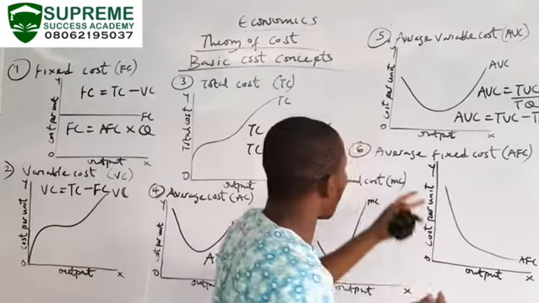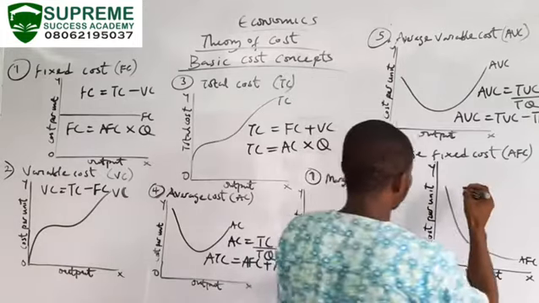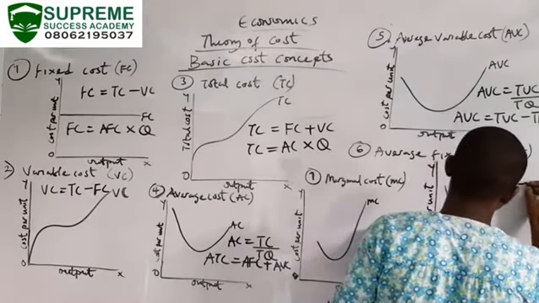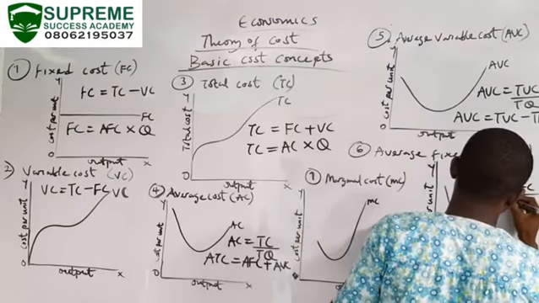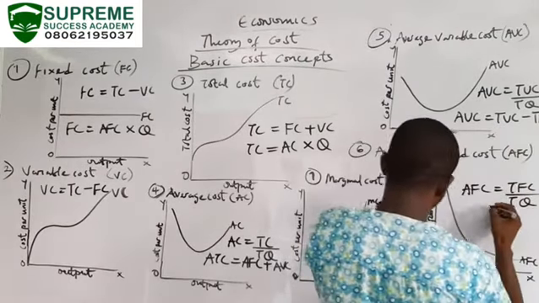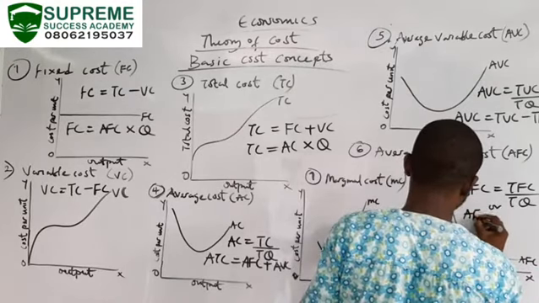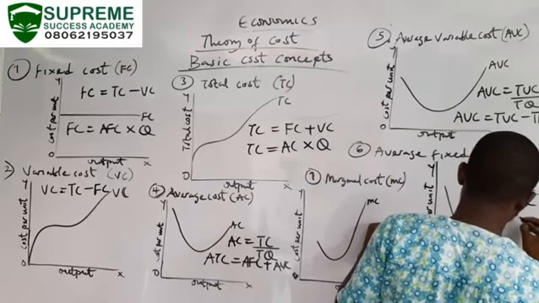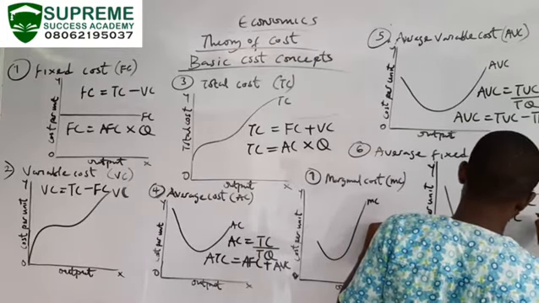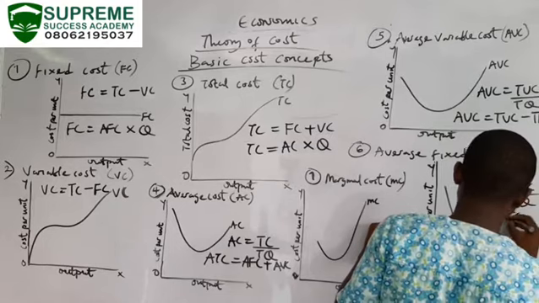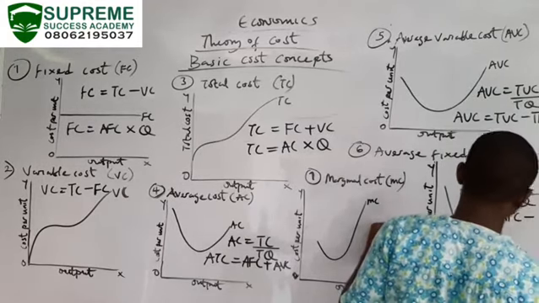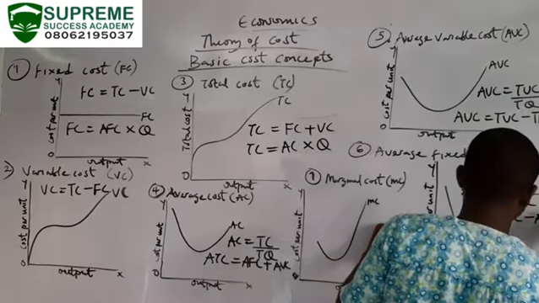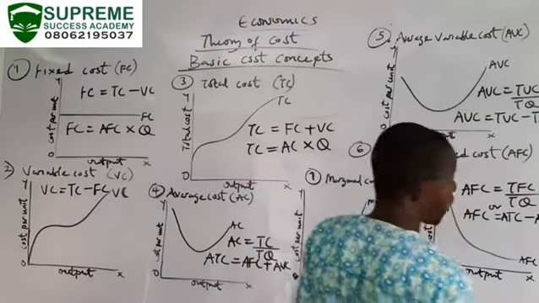The formula for average fixed cost is AFC equals total fixed cost divided by total quantity, or AFC equals average total cost minus average variable cost.